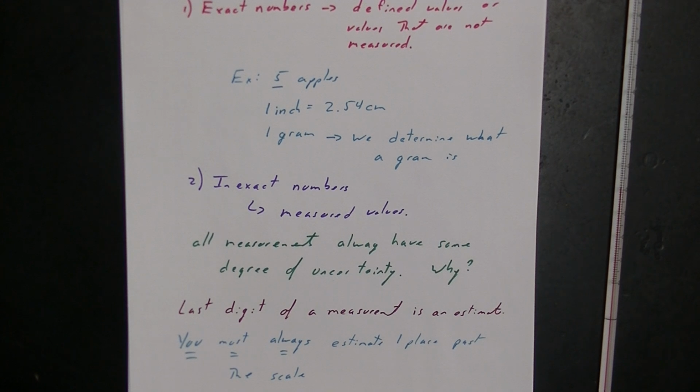Now, there's something called the uncertainty of a measurement.